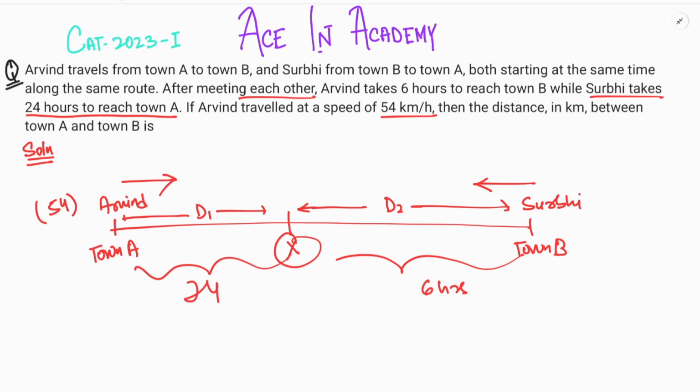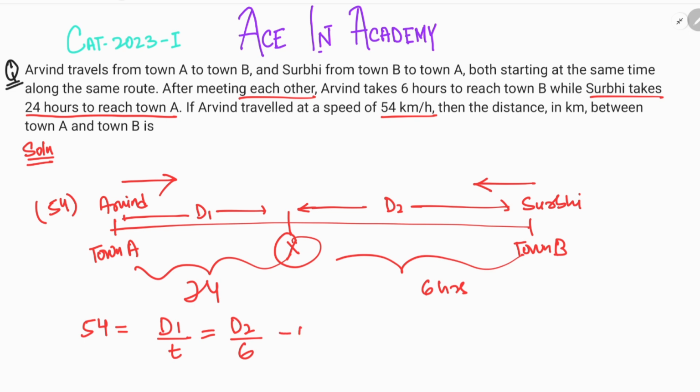What we can do is take the speed of Arvind as constant and the speed of Surbhi as constant and solve the question. So what is the speed of Arvind? According to the question it is 54, which is equal to D1 by T. Let's say that Arvind takes T hours to cover the D1 distance, and this is also equal to D2 by 6.